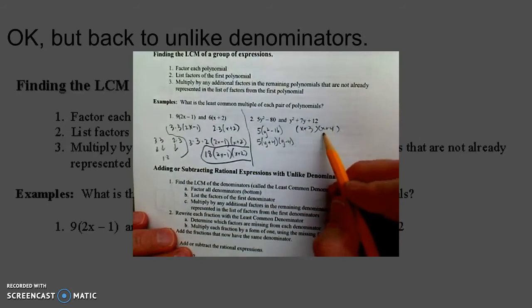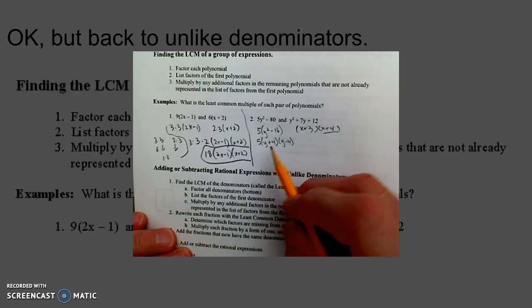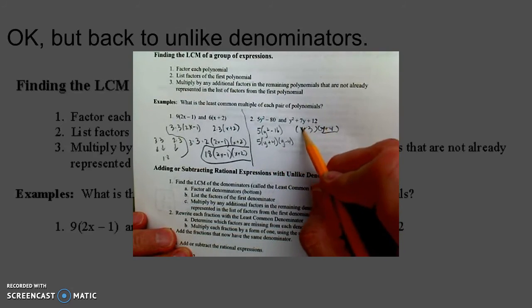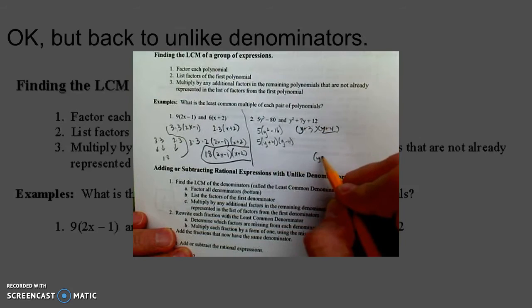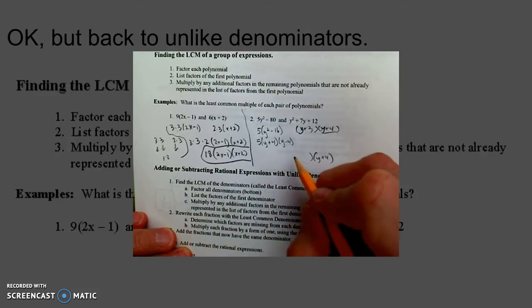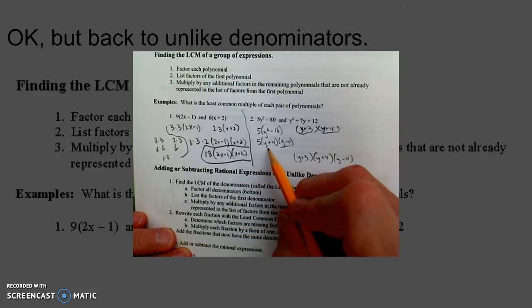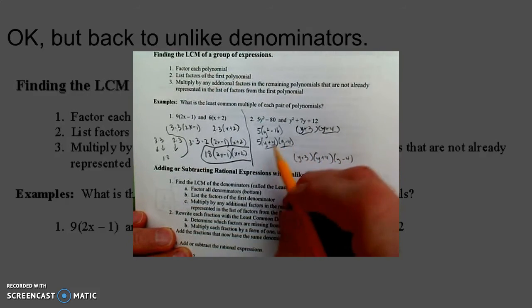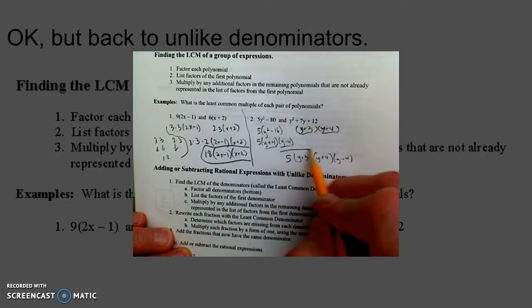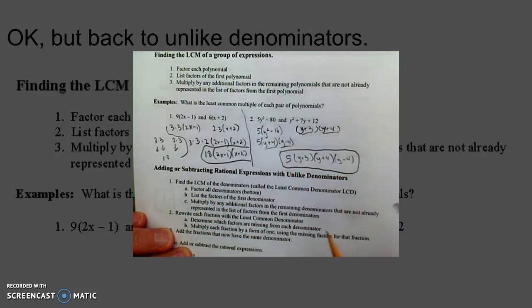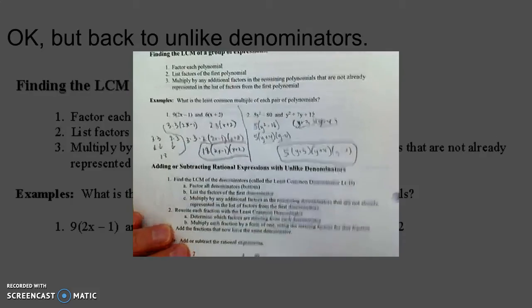So here's a y plus 4 that's repeated. So I know y plus 4 is going to be part of my LCM. Y plus 3. Here's a y minus 4. So I've got the y plus 4, y minus 4, y plus 3, and the 5. That expression would be our LCM.